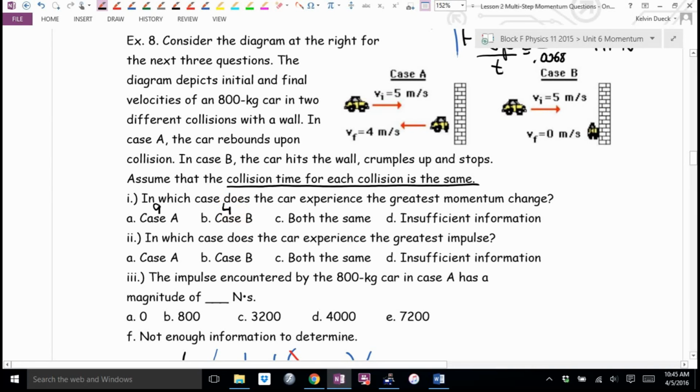Who says, C, both same? Who says, D, we need more information? So 9 of you out of 28 of you voted. Cowards! Are you awake?